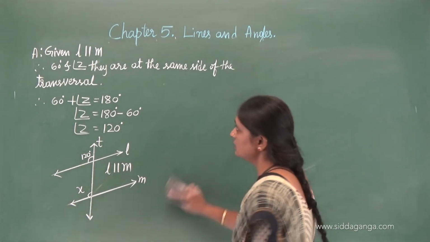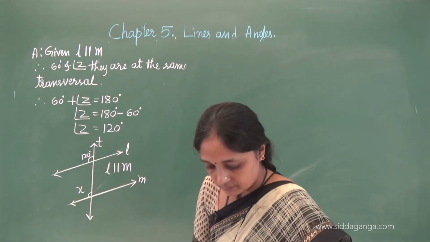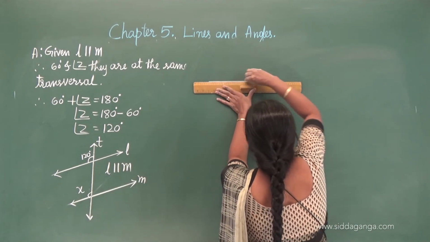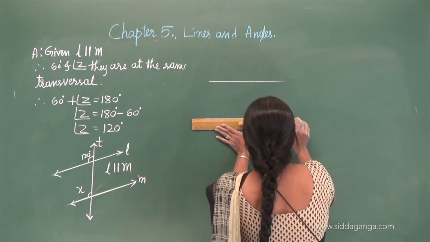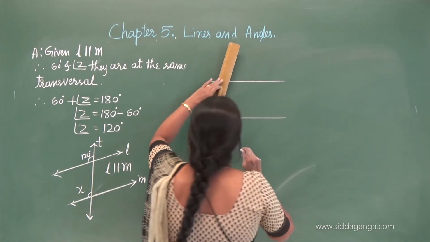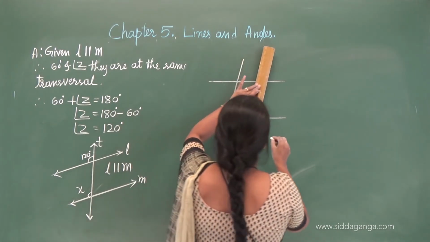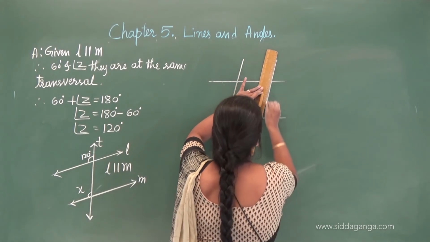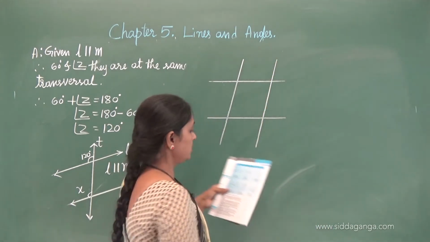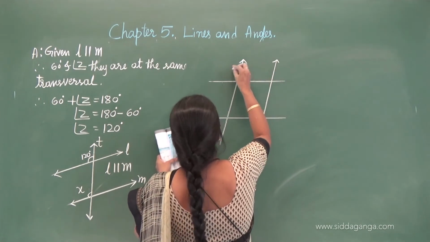I write here the sixth one. I already told you that always we can't use protractor, so that is set squares and compass to draw parallel lines.